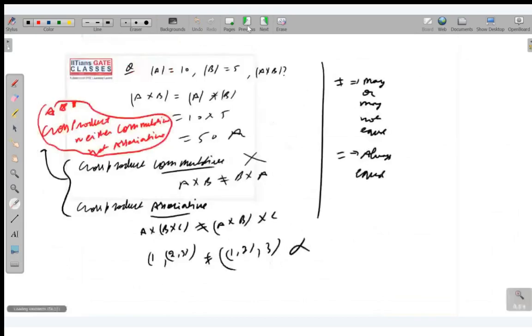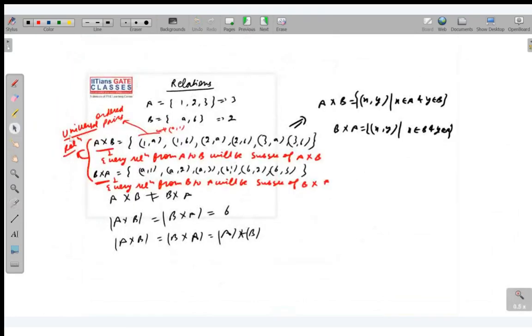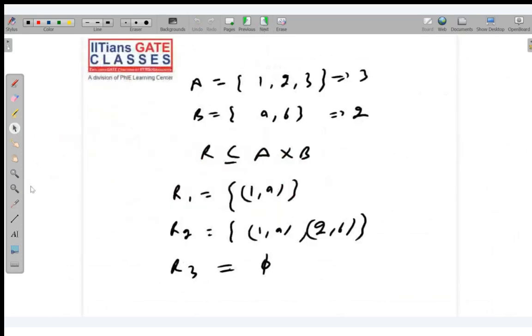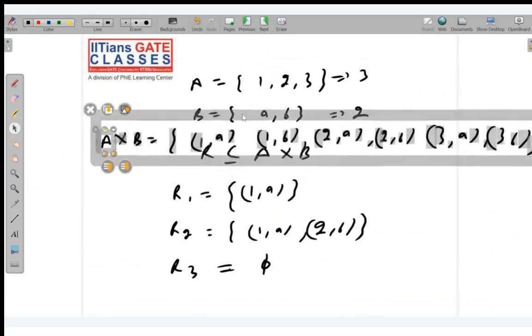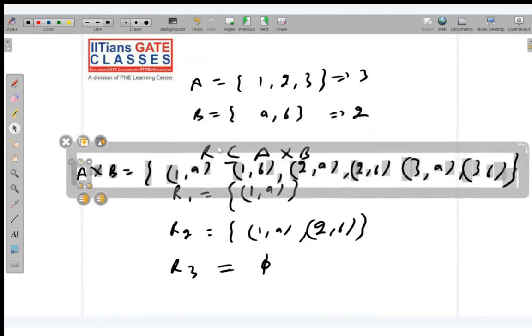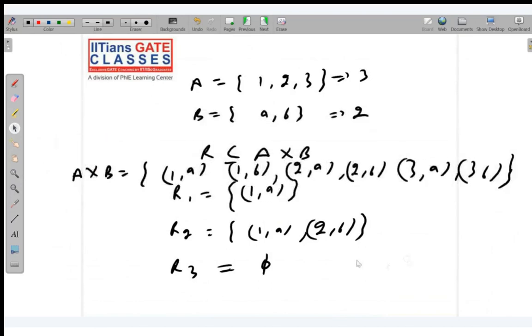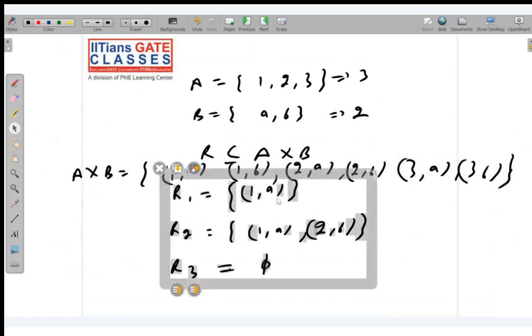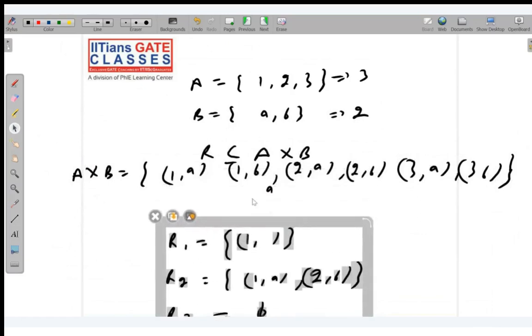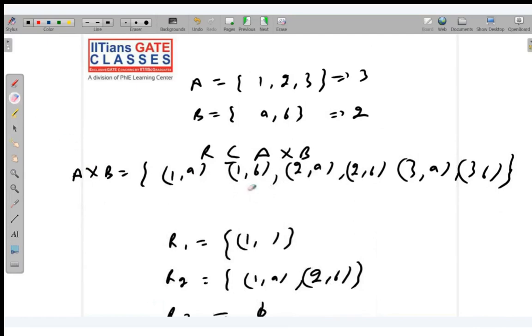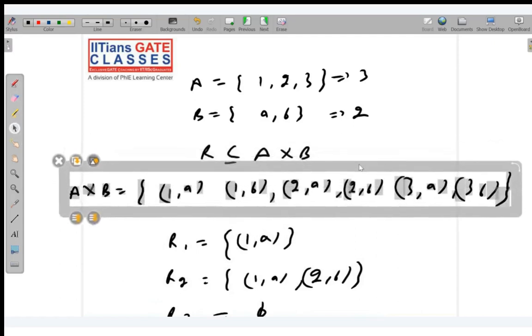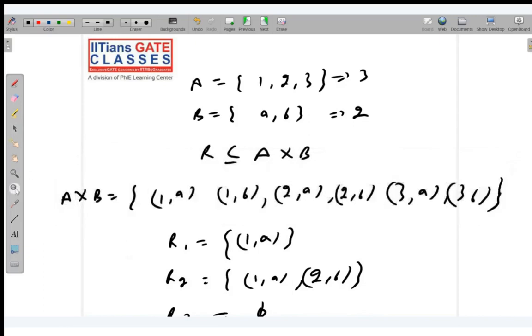If you have any doubt, I can copy that A cross B part and paste it here. Yes. So A cross B is with us now.